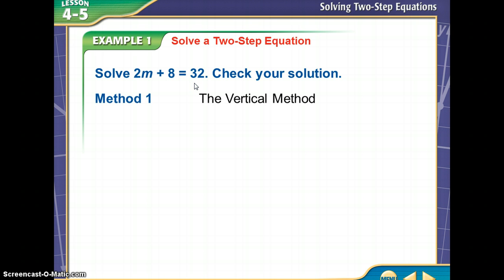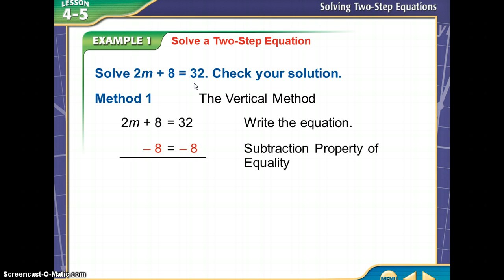Okay, they call this the vertical method. You start by writing the equation. And the first thing we're going to do is get this term that has the variable with it isolated on the left side of the equal sign all by itself. What that means is you have to get rid of this positive 8.